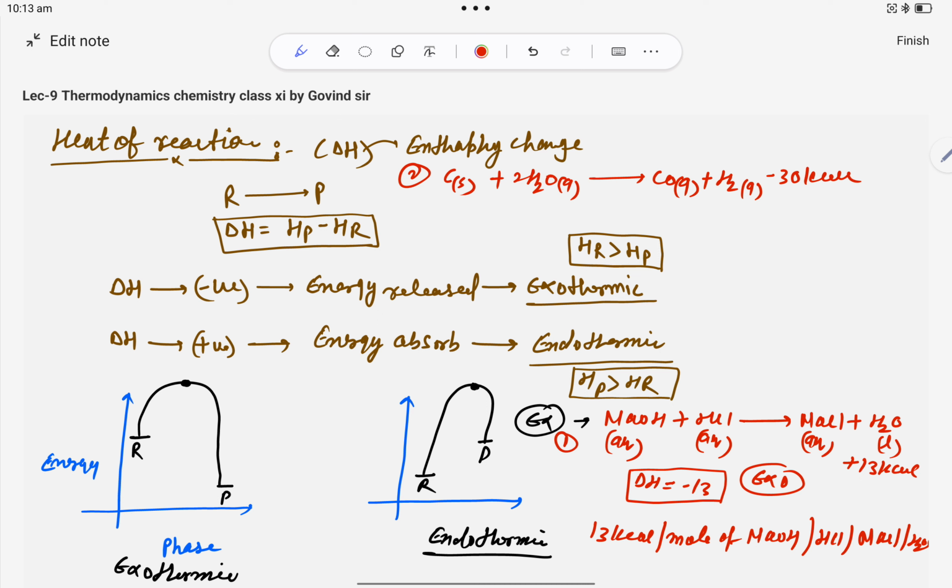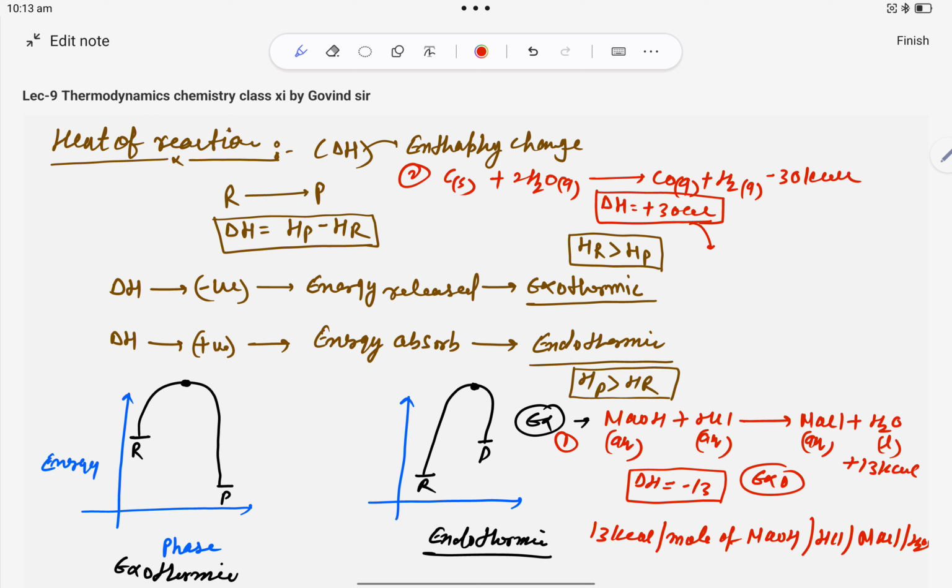So minus 30 kilocalorie, that means here left side it will be positive. So delta H is equal to plus 30 kilocalorie. So this reaction is what, children? This reaction is endothermic reaction.